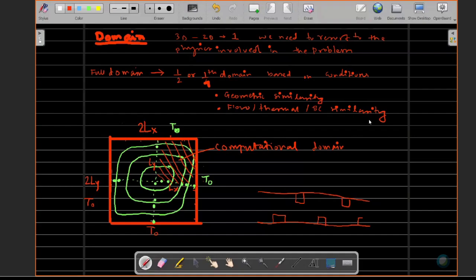So you see, if there is a flow from left to right, then the streamlines would look like this.